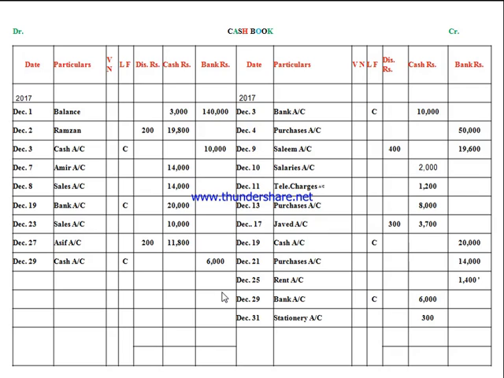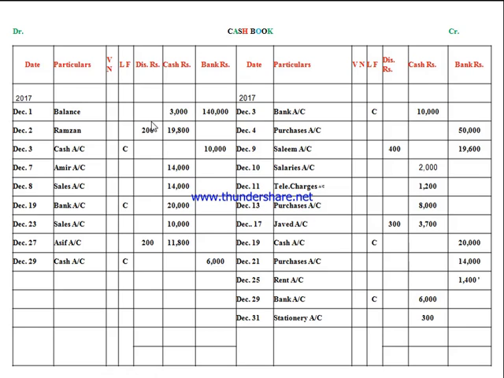The next step, after completion of all the transactions, is to close down the cash book. For this purpose, first of all, we will do the total of the discount column on the debit side and the total of the discount column on the credit side, and we will write down the total as it is.